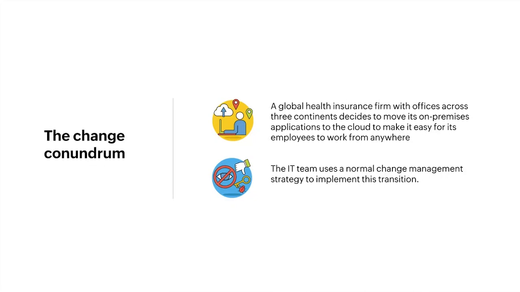So now we get to the first problem. Zilka's IT team, right? Now, unfortunately, they were not very well versed in how change management worked. And as a result, they did not have multiple change types, and they used a normal change management strategy to implement this transition. Now, let me just reiterate to you.